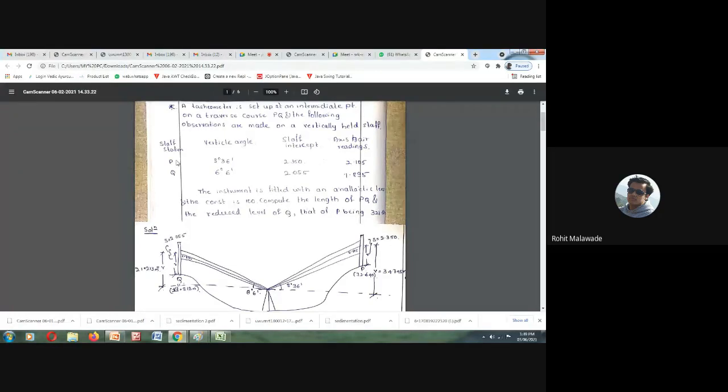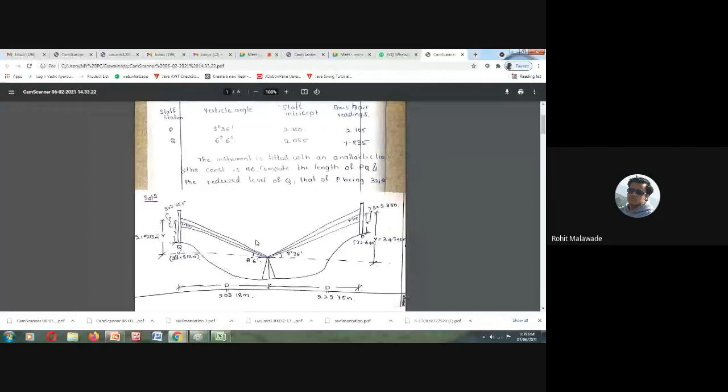At P, if you look from the tachometer in between, you are going to get a vertical angle of 8 degree 36 minutes.